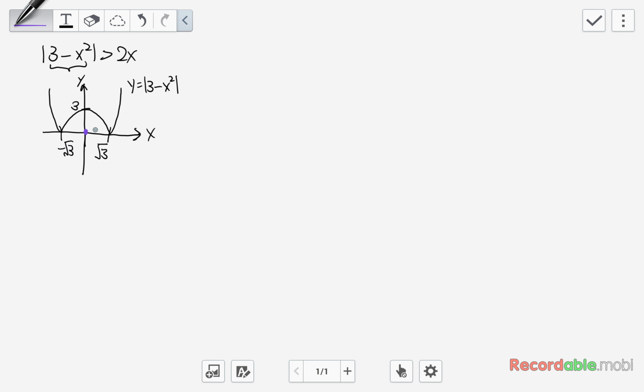So when x is equal to 1, what is my y? It's just 2, and so on and so forth. This is just a rough estimate. I do not know exactly where it cuts, but it should pass through the origin, so I just do this for now. So this is my y equals 2x graph.